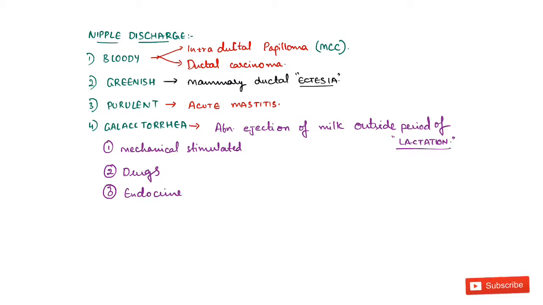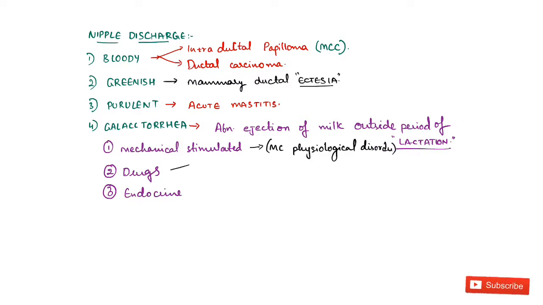So what is mechanical stimulation? This may be during breastfeeding or sexual intercourse. When the breast tissue is mechanically stimulated, there may be a chance of abnormal ejection of milk in a few females. This is the most common physiological disorder.